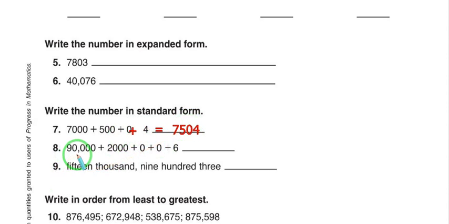Now, for this number, we have 90,000 plus 2,000 plus 0, 0 plus 6. So we simply write 9, then we write 2, then we write 0 for the hundreds place, another 0 for the tens place, then we write a 6. And don't forget to write equal.